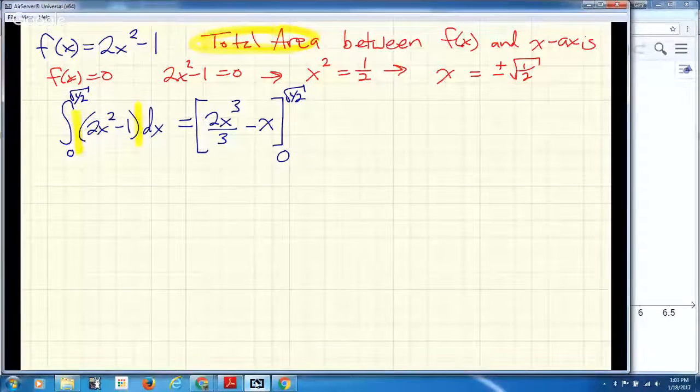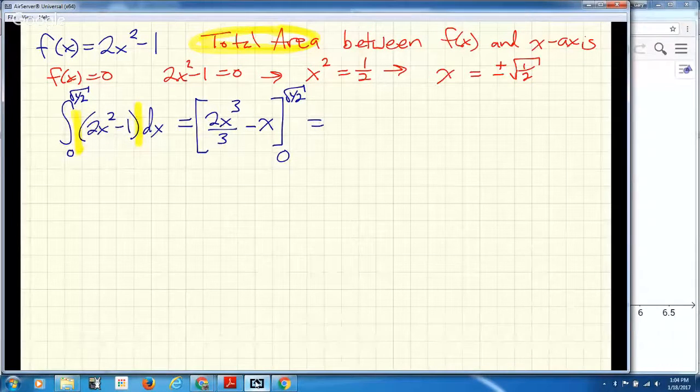And so cleaning that up, I have to plug in the square root of 1/2 first, and so that's going to give me 2 times the square root of 1/2 cubed over 3 minus the square root of 1/2.